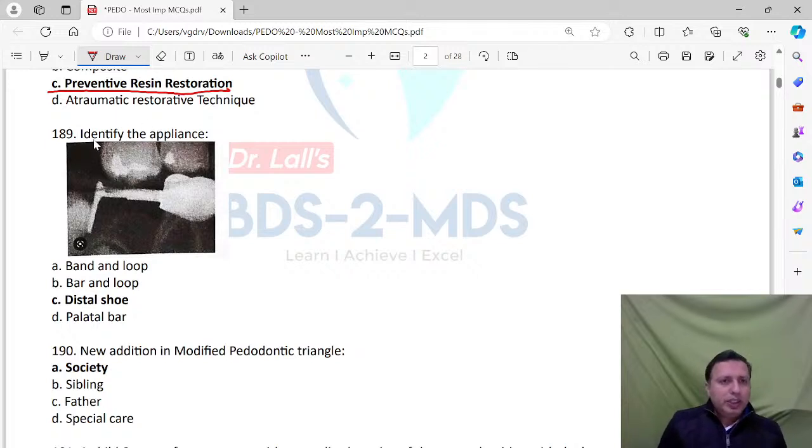Now the next question is question number 189, that is identify the appliance. You can see a V-shape extension.